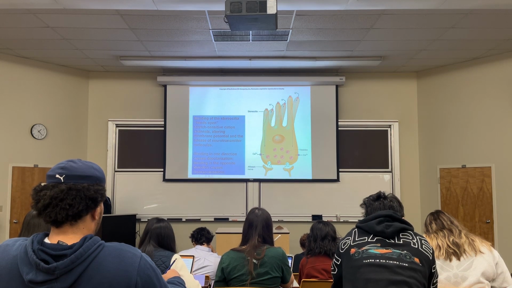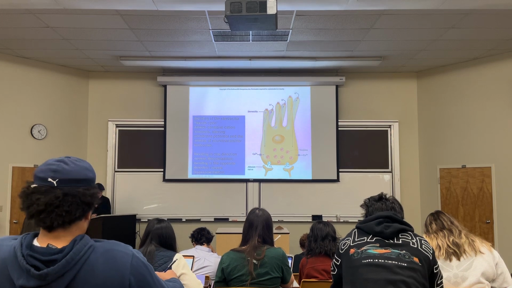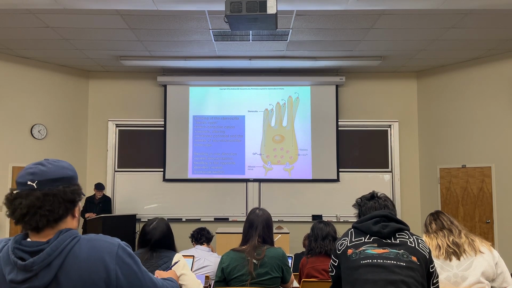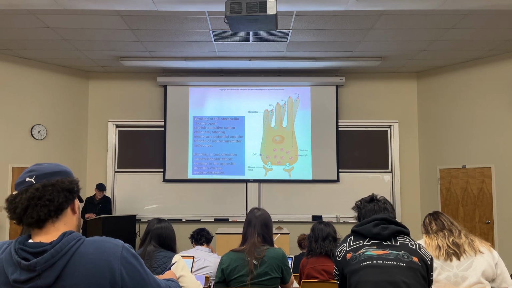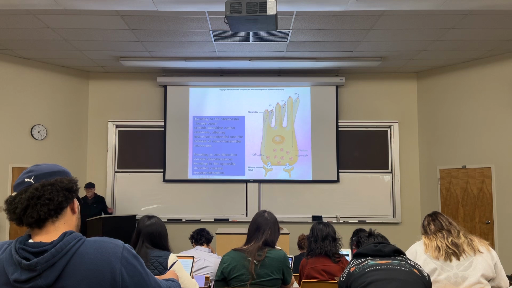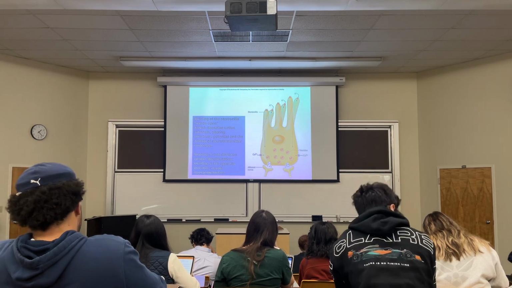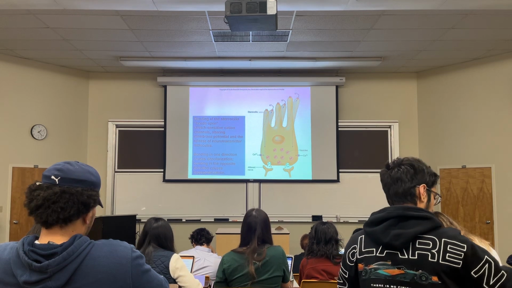That depolarization will open more voltage-regulated calcium gates at the base of the cell, and that will cause the release of more neurotransmitter. Glutamate is the neurotransmitter, and that will bind to cranial nerve 8 and result in a higher frequency of action potentials.